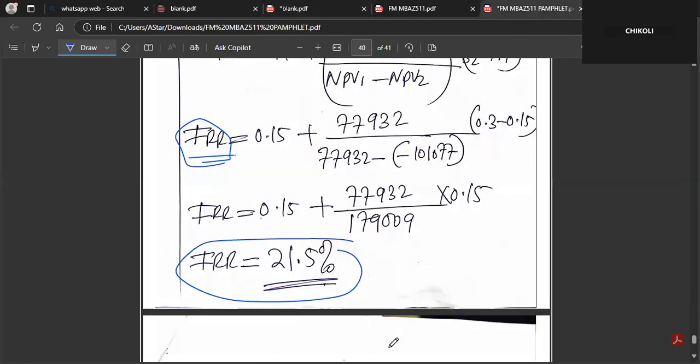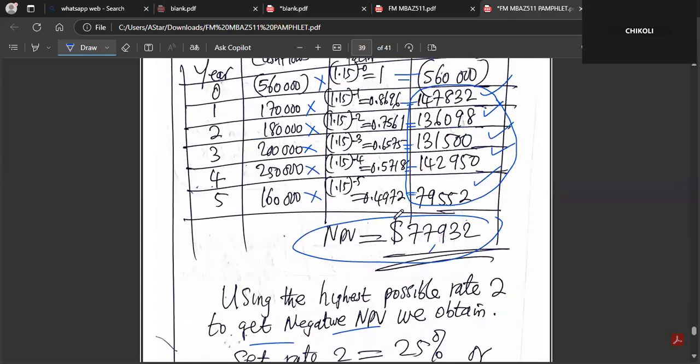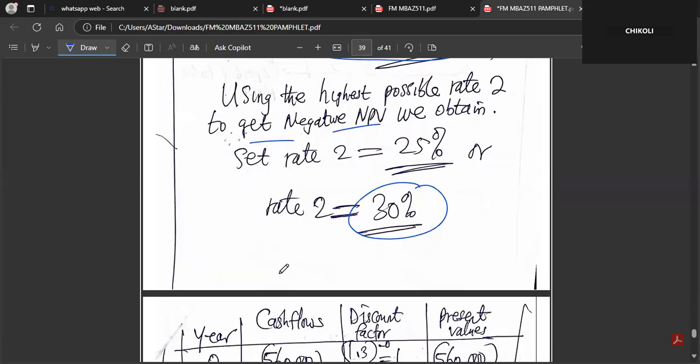Now, there is the other thing that I need you to know. From this same question, if you are asked to find the PI, the profitability index, what would the profitability index be? Sum of present values divided by initial investment.